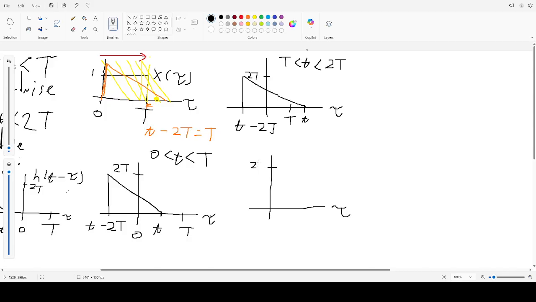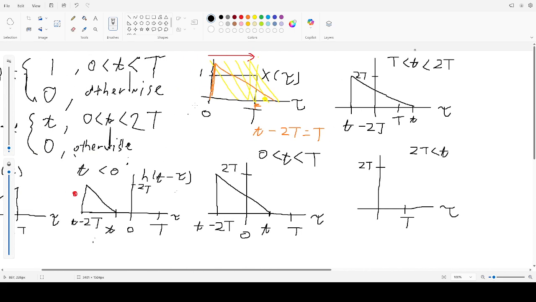Still height of 2t. Big T is here. So now we want t. Also, I didn't rewrite them all. These are all h of t minus taus. Let me copy. No, I'll leave it as is.